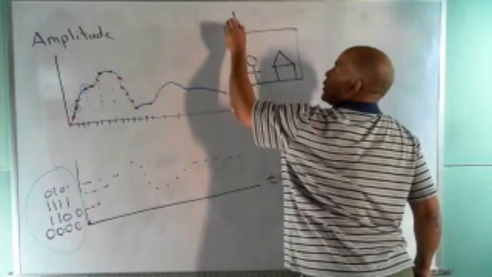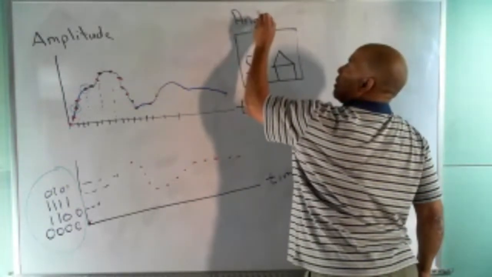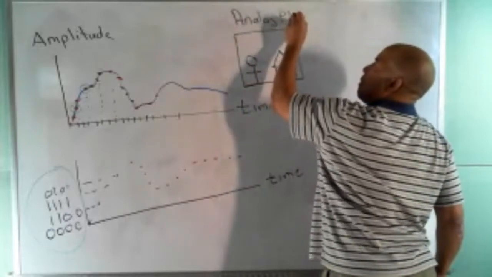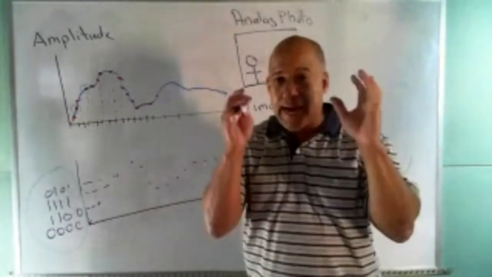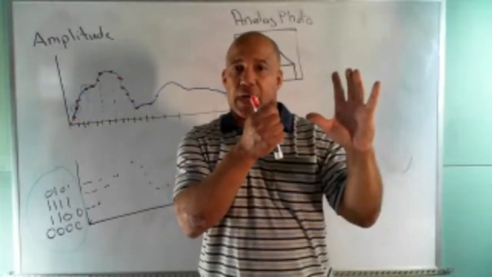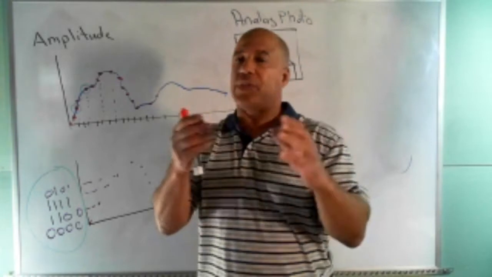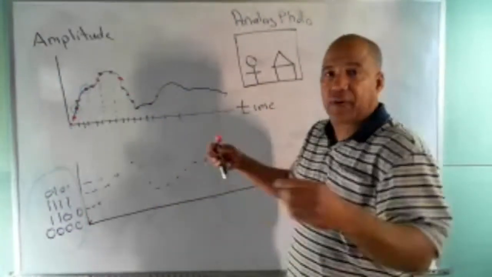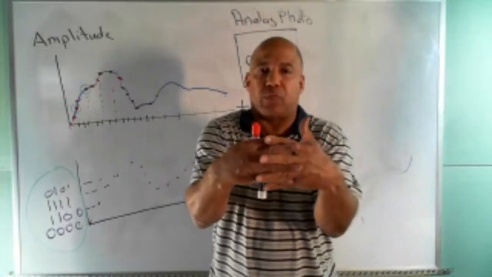So this is my analog photo. Analog, because if you take it with a Polaroid camera and look at the picture under a really high-powered magnifying glass, you'll see that when you go from one color to another, they mesh together into a smooth gradient.